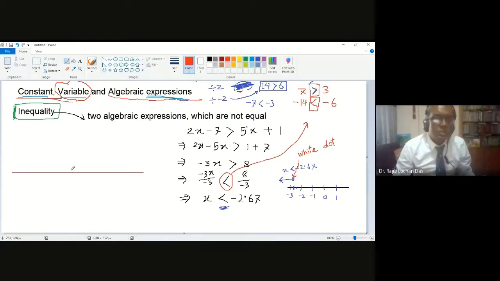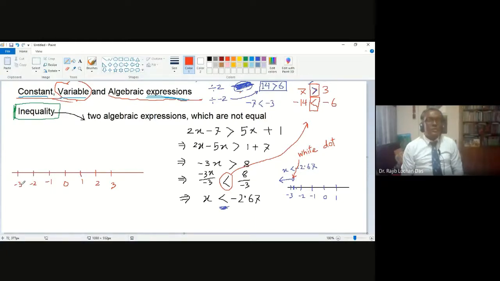Let me show you some more examples. Say this is 0 and it is 1, 2, 3 on the right side, and minus 1, minus 2, minus 3 on the left side.